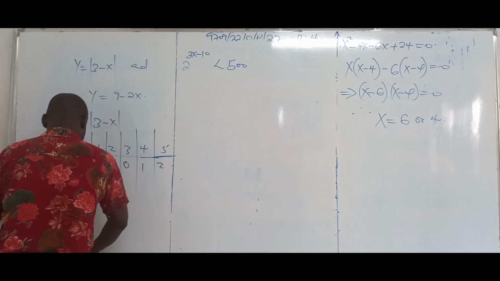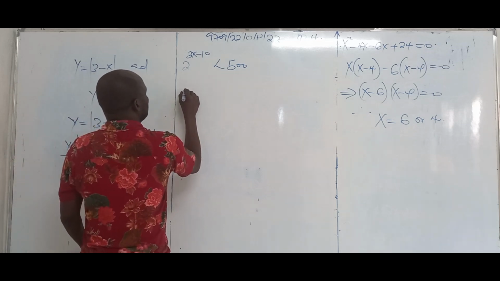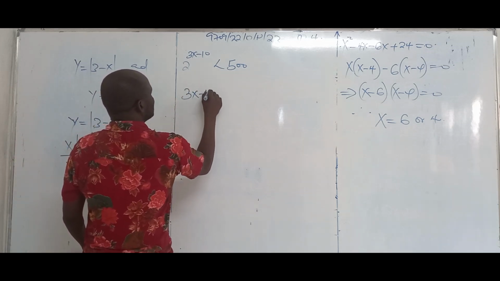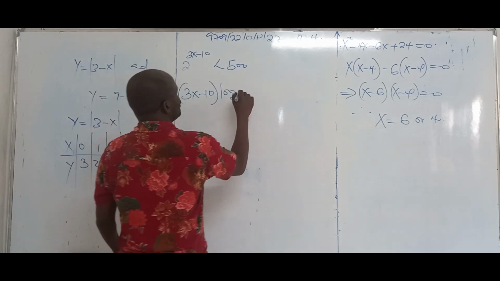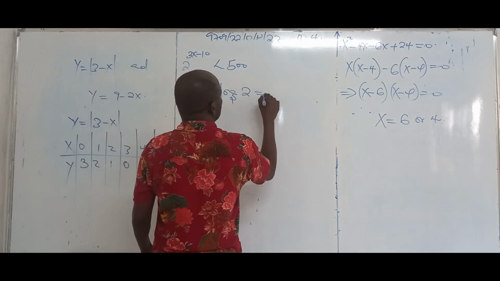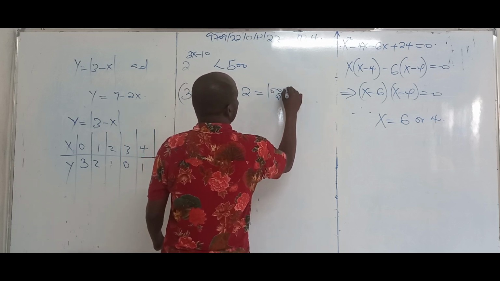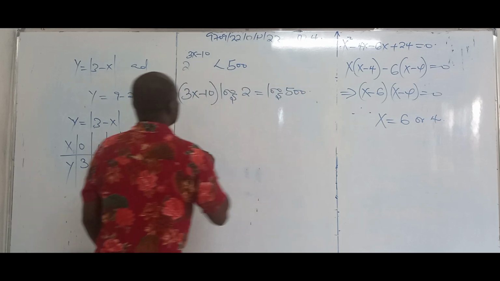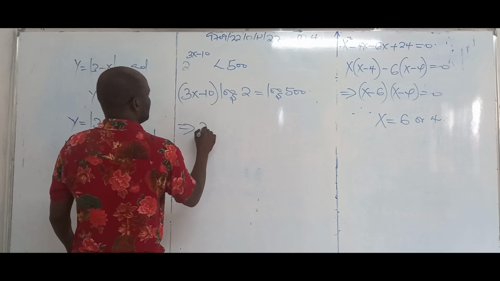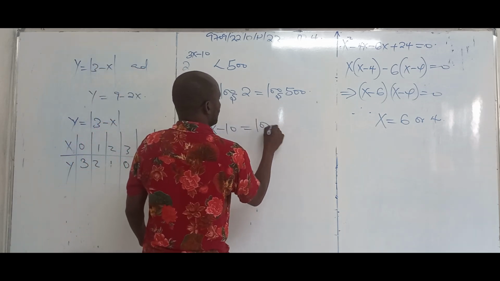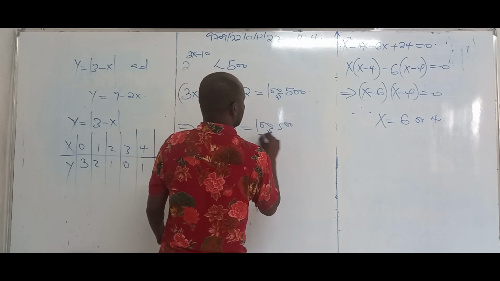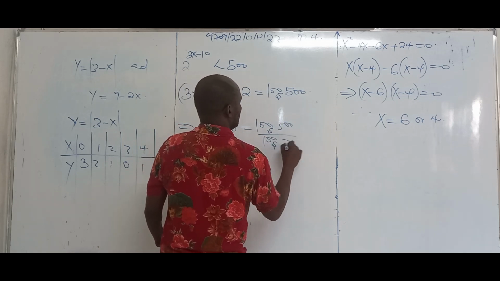Judging by looking at this, this can be written as 3x minus 10 log 2 is equal to log 500. That should then imply that 3x minus 10 is equal to log of 500 divided by log of 2.